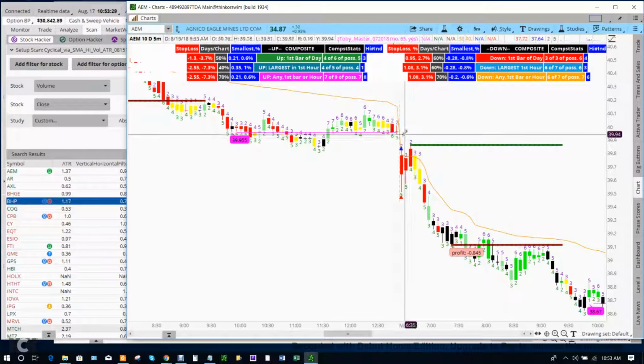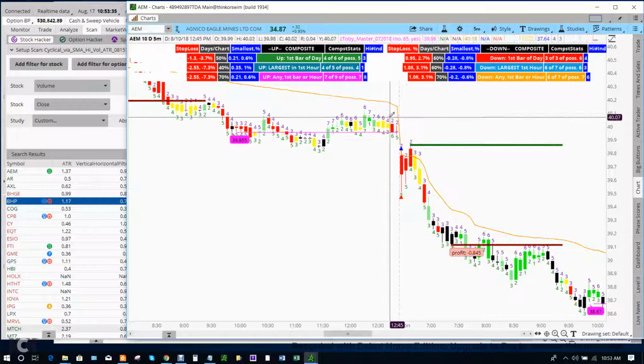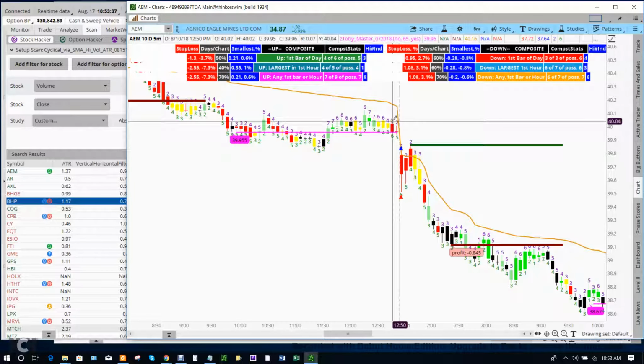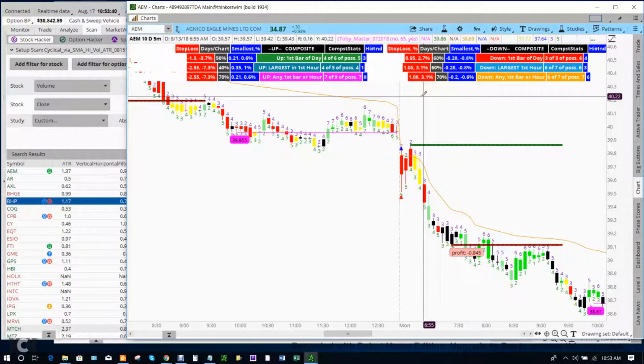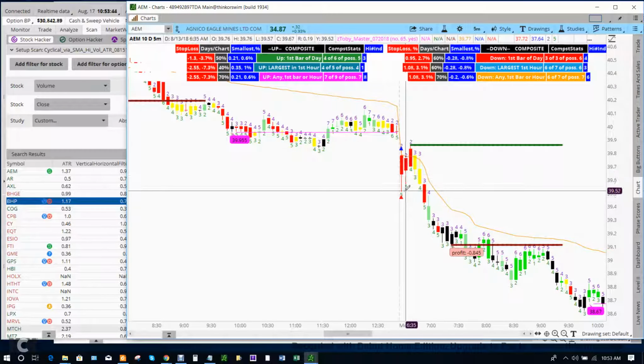So in this case, it's okay that after hours the stock went down. But if my predictions were wrong, like my prediction said it was going to go up, and I entered here, and then the stock went down, I would take a big loss.